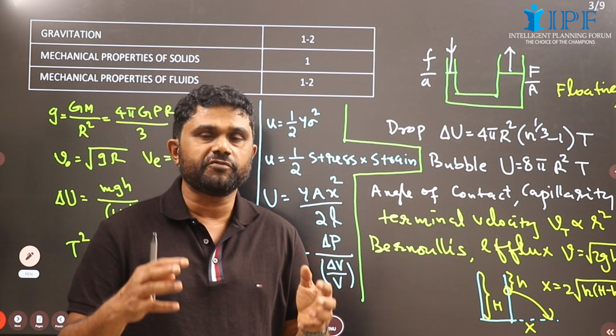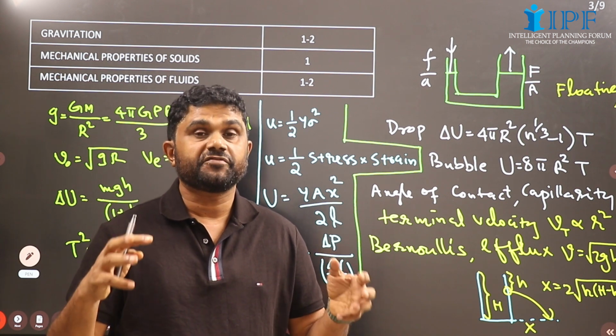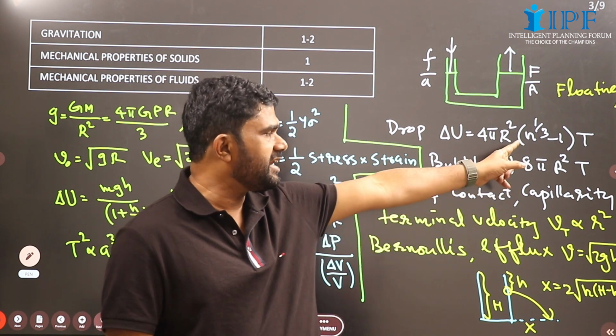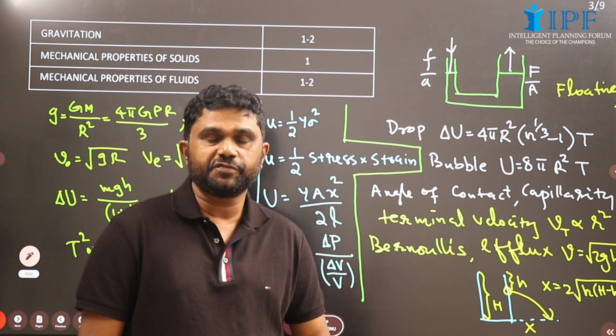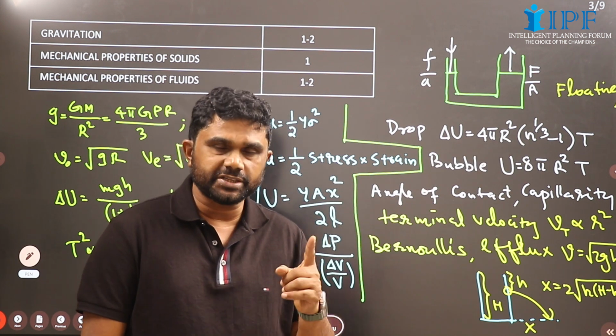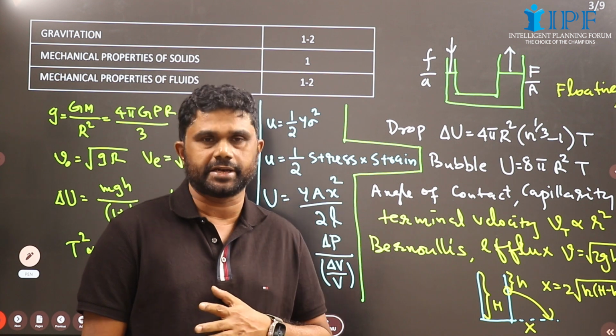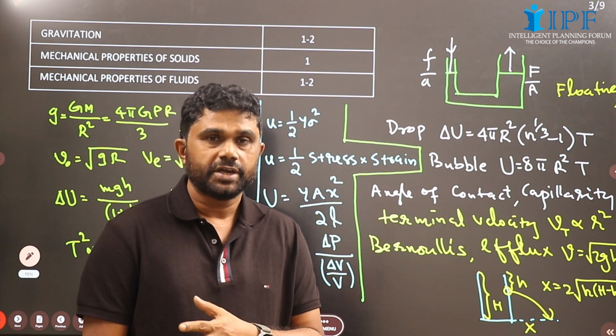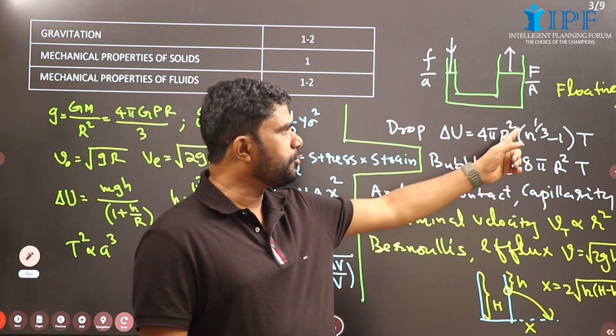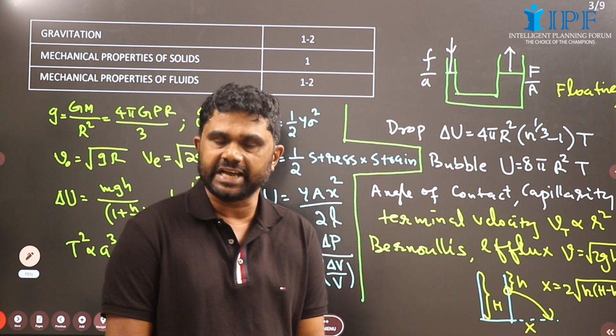This number will usually be a perfect cube, so that you can easily find n raised to 1 by 3. If it is 1000, then 1000 raised to 1 by 3 will be 10. If it is 125, it is 5 cube, whole raised to 1 by 3 will be 5, like that.